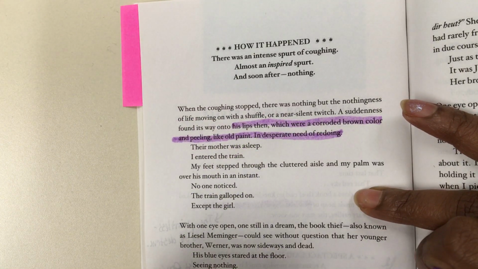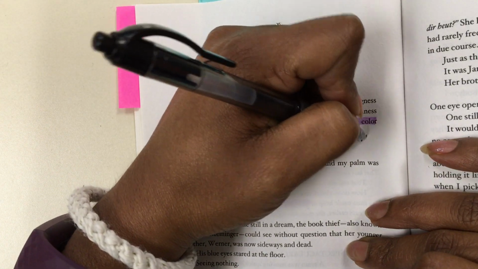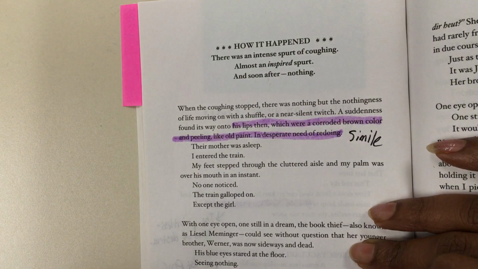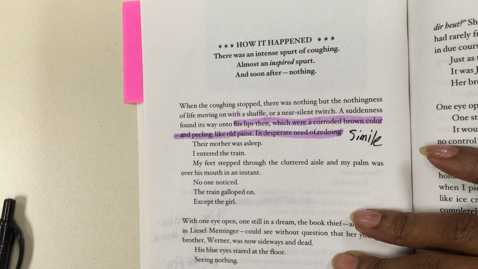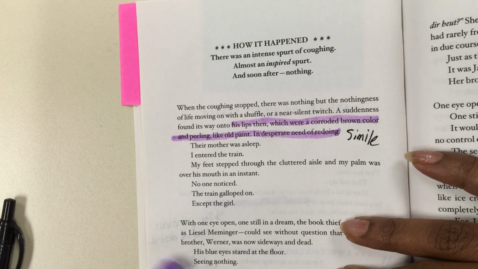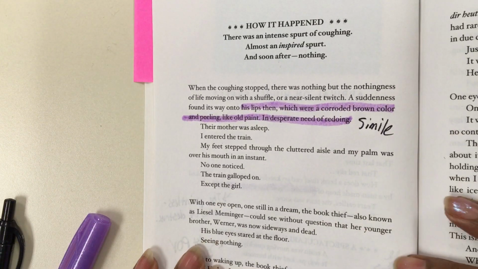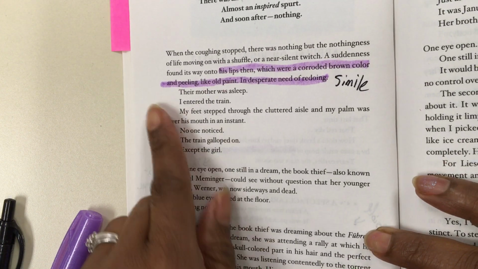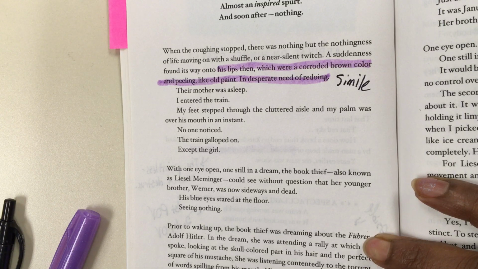We have this simile describing Werner in these first few moments after he's died, what he looks like in that moment. And Death is very good with description, as we know. And so we have this simile so he can paint that picture for us.